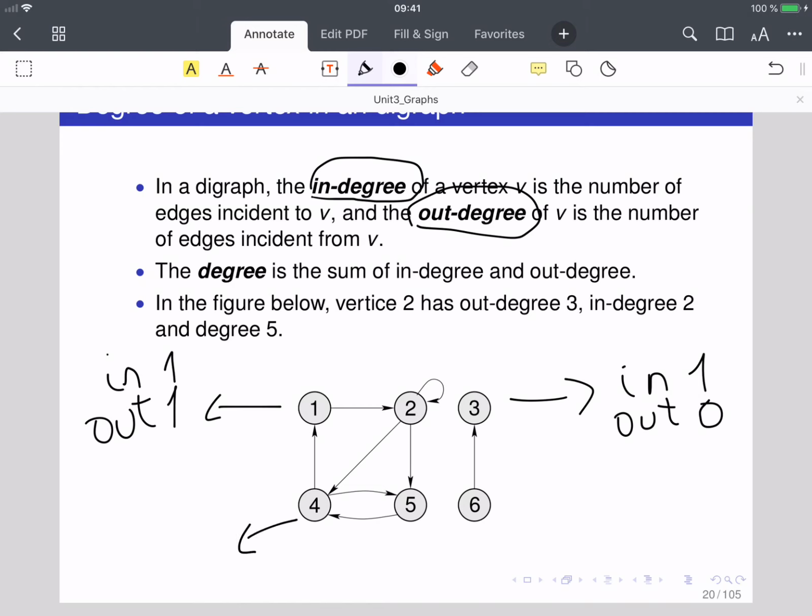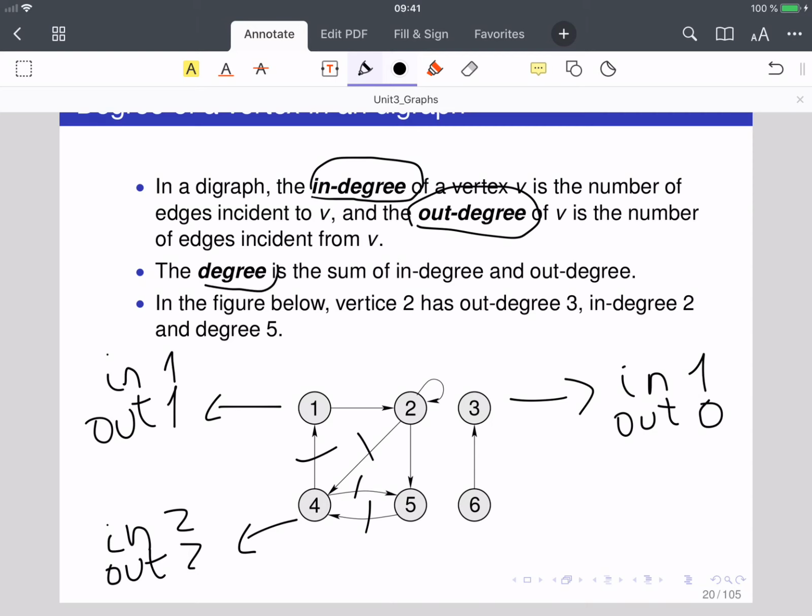Vertex 4 has in degree 2, this edge here and this edge here, and out degree also 2, this edge that goes to 1 and this edge that goes to 5.